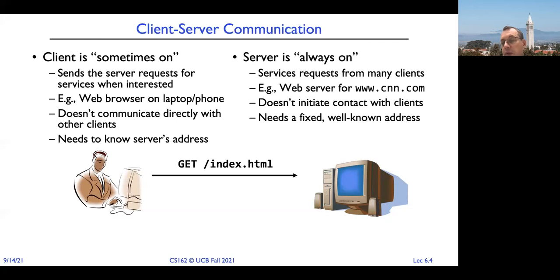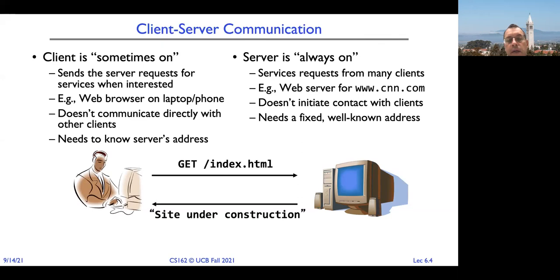But when it's on, it's going to send a request to a server which should be on all the time in order for you to get the reply right away. And obviously the clients initiate the contact with the server, not the other way around. Because of that, the client doesn't need to have a well-known address, but the server has to.